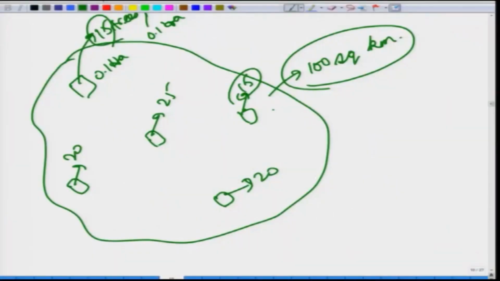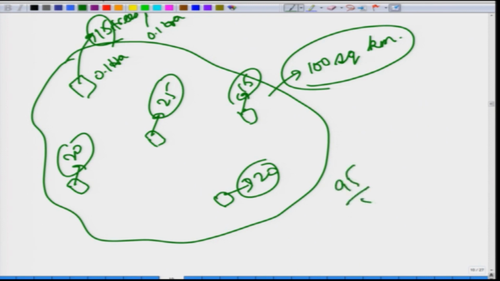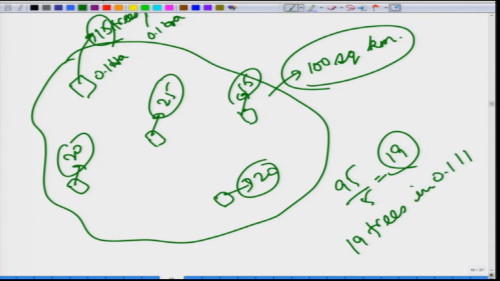So, you have 15 plus 15 is 30, 30 and 40 is 70, 70 and 25 is 95. So, you have 95 by 5 is 19. So, on an average you are having 19 trees in 0.1 hectare, or you are having 190 trees per hectare.